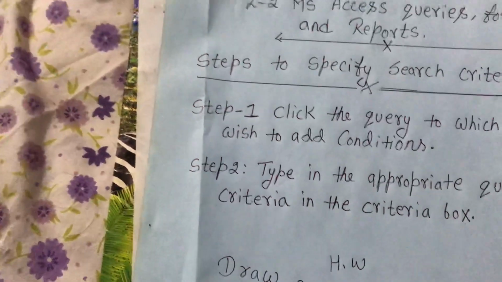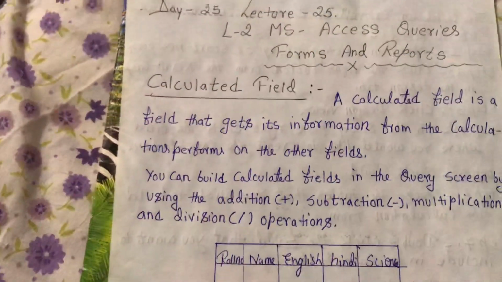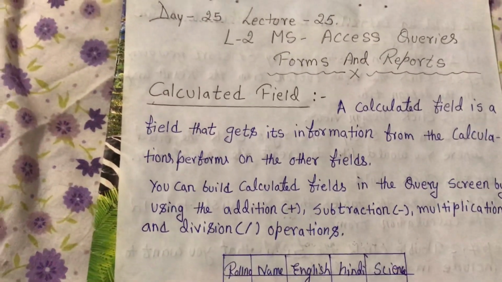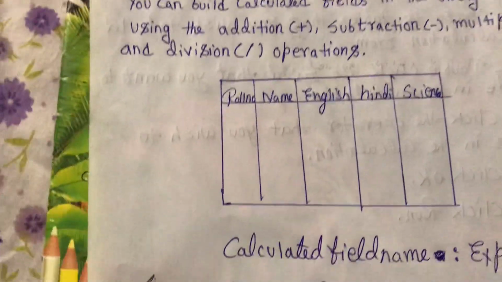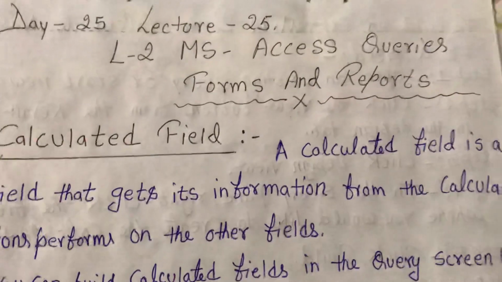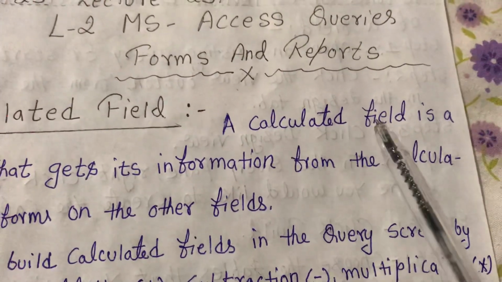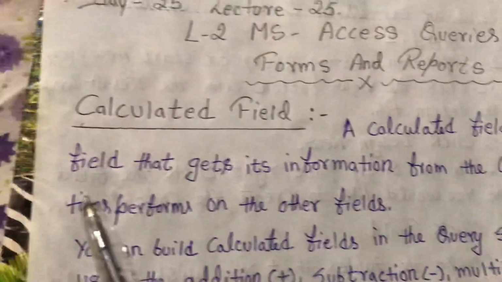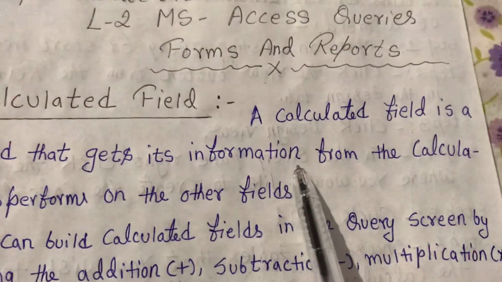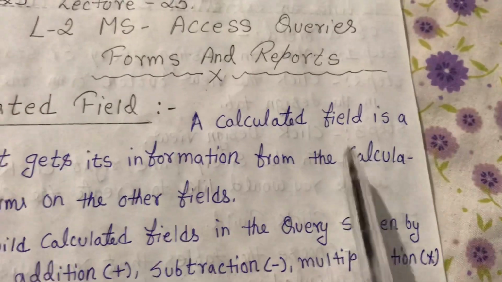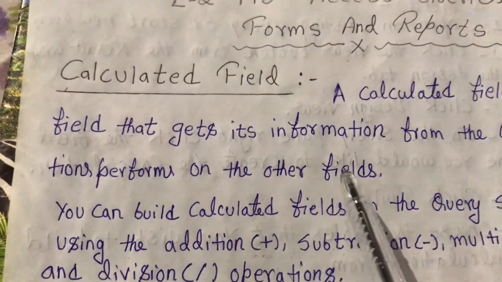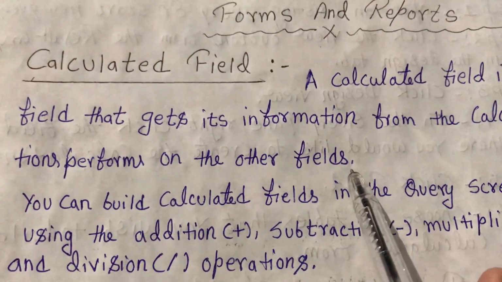Okay, now today I'm going to explain to you the calculated field and expression. So what is a calculated field? A calculated field is a field that gets its information from the calculations performed on the other fields.